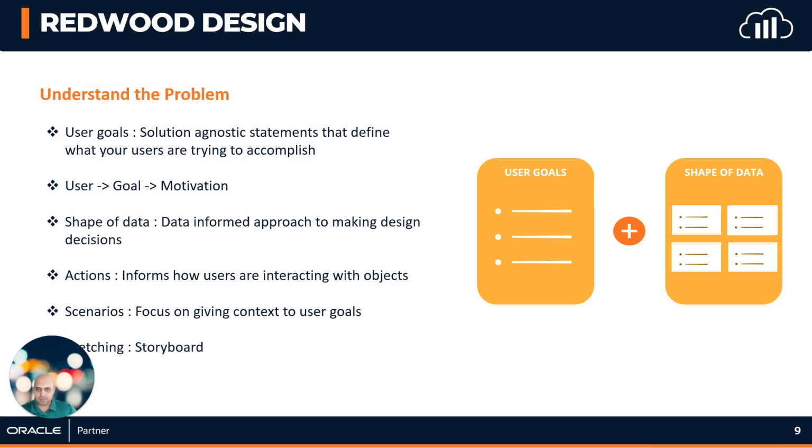What's the frequency? What's the amount of data? Whether the expenses are being submitted as a batch job or ad hoc. So when the user goal statement and shape of data are combined together, it gives the Redwood design.